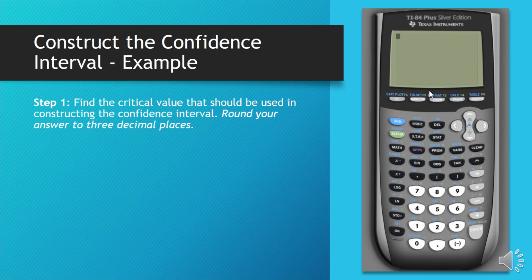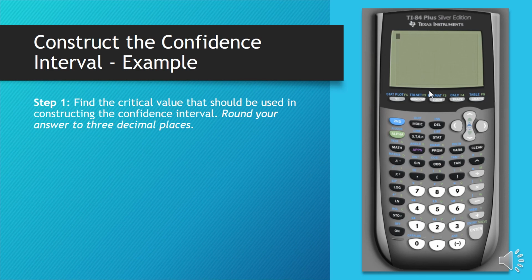Now we can look up the critical t-value. So it says find the critical value. Now let's go ahead and start. We should be pretty good at this by this point. We've done several examples. We're going to second VARS, scrolling down to inverse t. Then we're going to put in the area to the left, which we just found was 0.90.